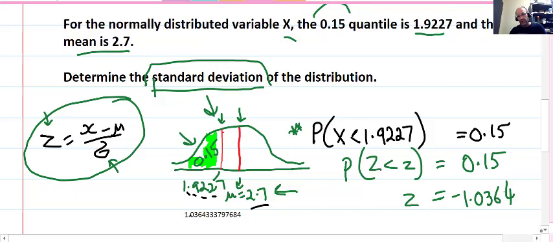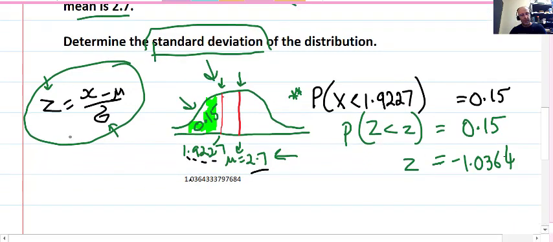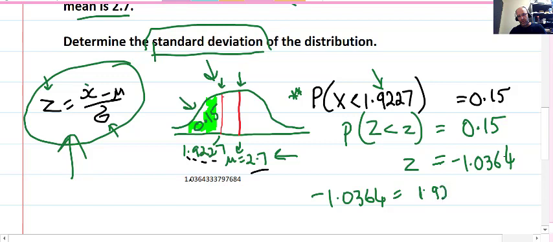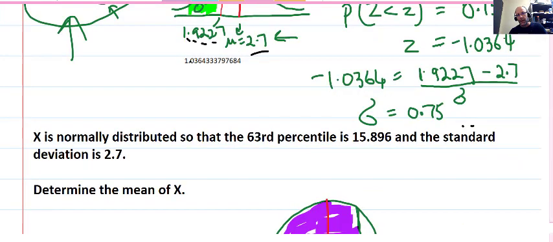And then we can use the formula that I mentioned just before: negative 1.0364 equals x, the score was 1.9227, minus mu, which was 2.7, over the standard deviation, which is what we're trying to find. And we do a bit of rearranging, and sigma comes out as 0.75.